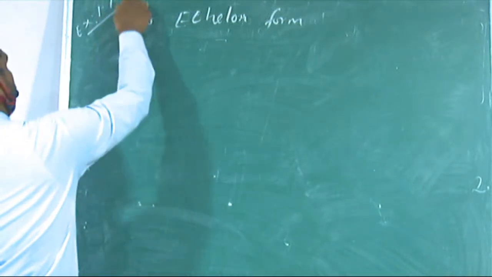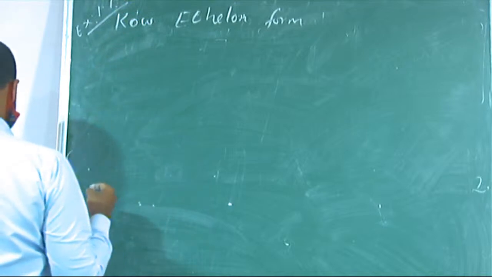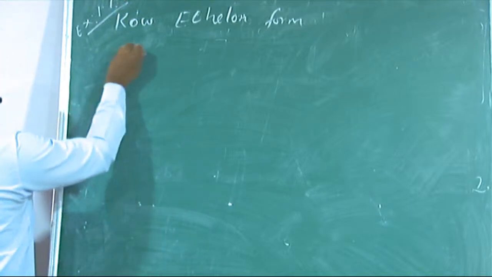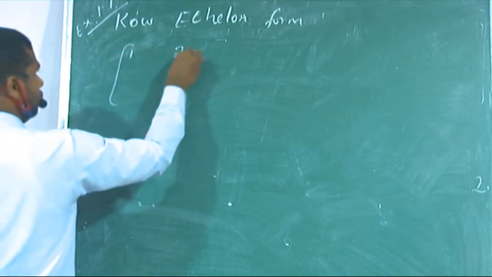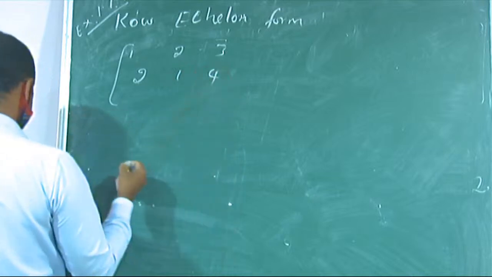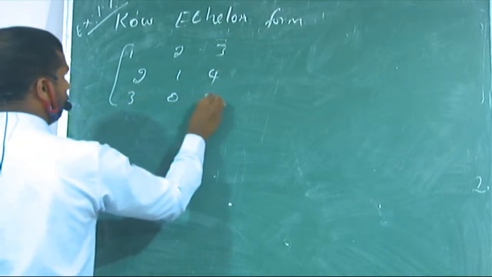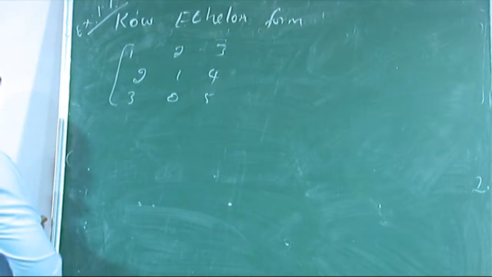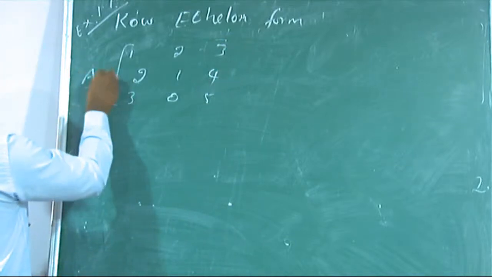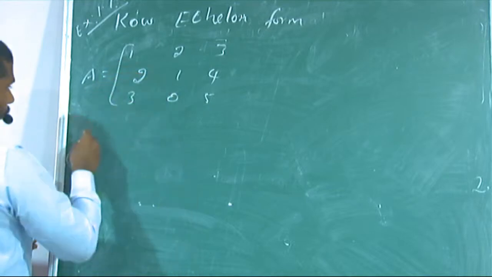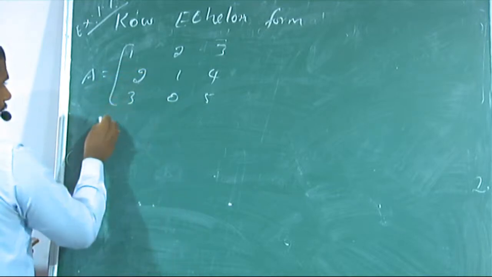The matrix is 1, 2, 3, 2, 1, 4, 3, 0, 5. First we call this A. Where the non-zero digit starts, the terms under it should be 0. There are 2 and 3 there.